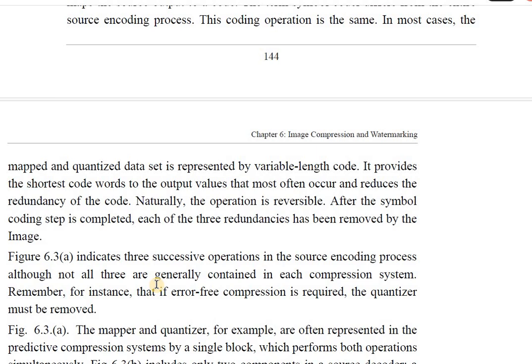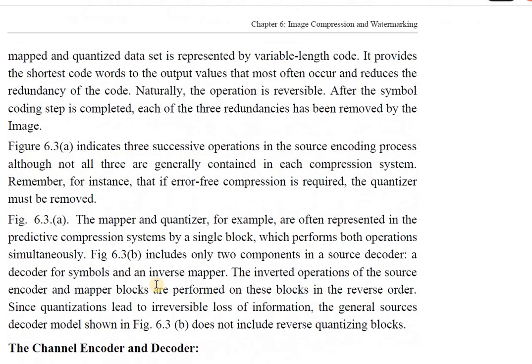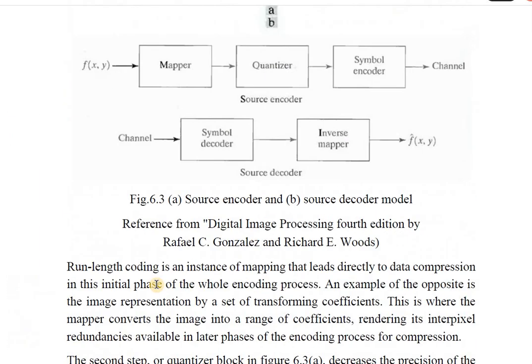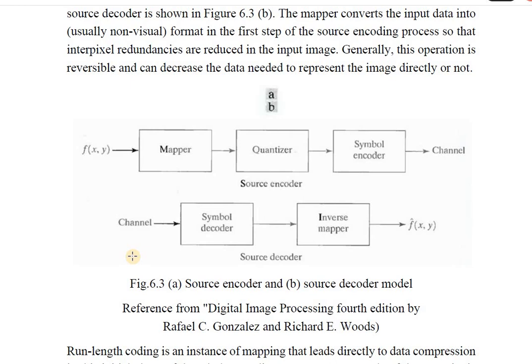Once this is done, all the 3 redundancies have been taken care of, all the 3 operations have happened. Now we go to the decoder part. How is decoding done? Decoding is done in a reverse manner. While encoding, which was the last block?